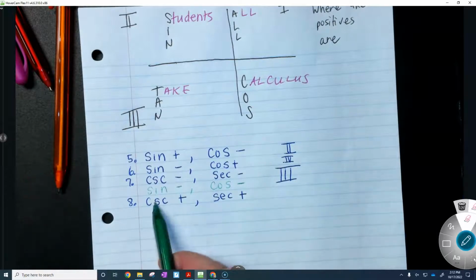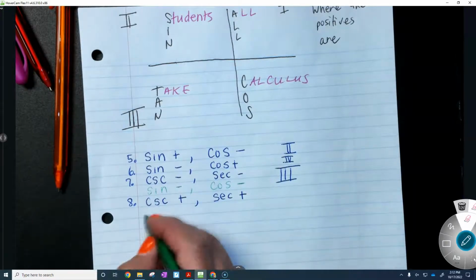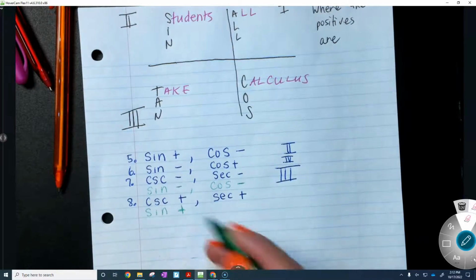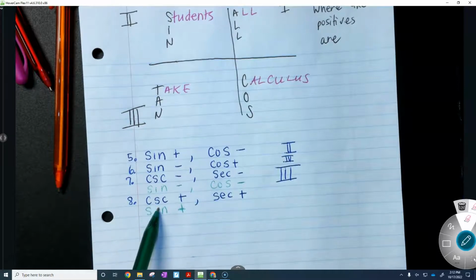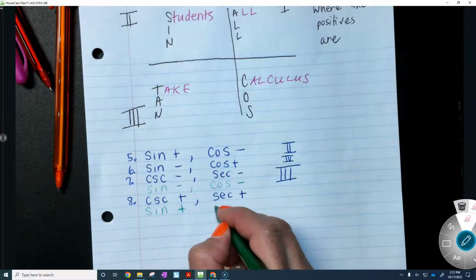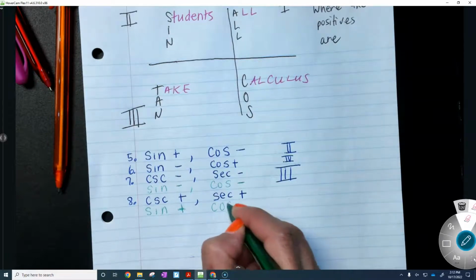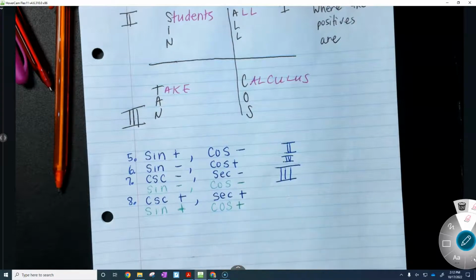Now remember, the main ones for these are sine. So really, we just want to know where sine is positive, because these are always going to match. The reciprocal is always going to match. And we also want, that starts with an S, so the other one starts with a C. We want to know where they're both positive. There's only one spot where they're both positive.